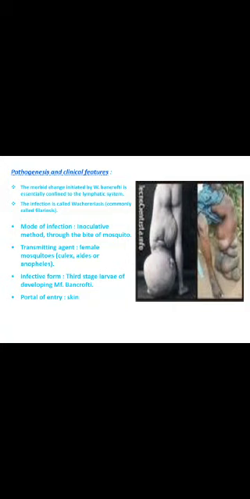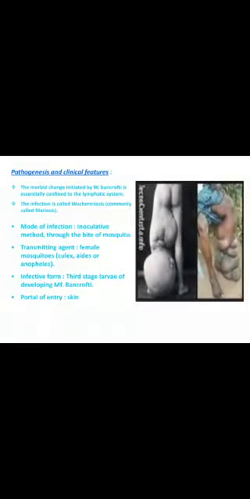Lymphangitis means inflammation of the lymphatic vessels. Why should that inflammation occur? That's because there are a large number of adult worms remaining in the lymphatic vessels, and they obstruct the flow of lymph. So what happens? Lymphedema. The lymph which has to flow back to the heart does not, and it starts stagnating or collecting due to obstruction by these adult worms. It starts collecting in the lower limbs.